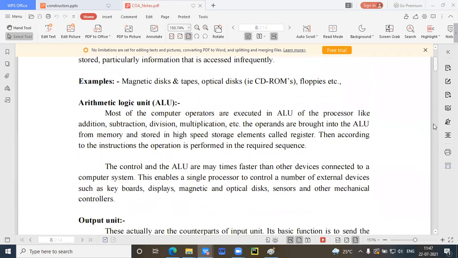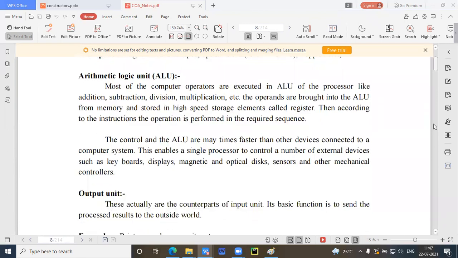The next functional unit is the arithmetic logic unit. Most of the computer operations are executed in the ALU of the processor, like addition, subtraction, division, that is, any arithmetic operation. The operands are brought to the ALU from memory and stored in high-speed storage elements called registers.